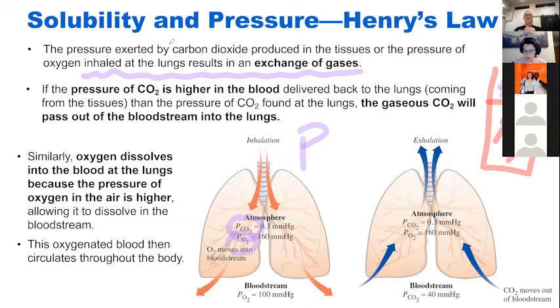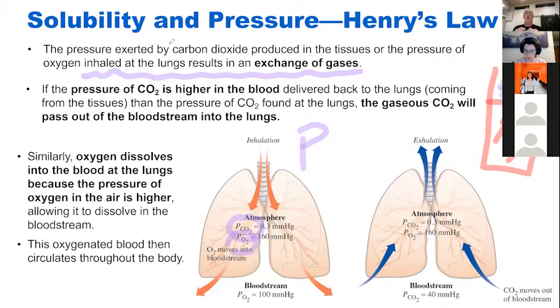When we breathe in, we have a higher pressure of oxygen than in our bloodstream. And so that oxygen passes from the gas in our lungs into the alveoli, and then into the capillaries in the lungs, into your bloodstream. So you have a higher pressure of oxygen outside the blood than in, and so the oxygen moves in.